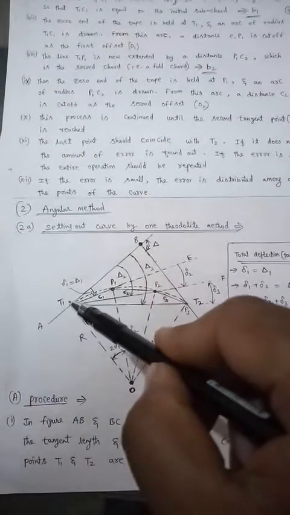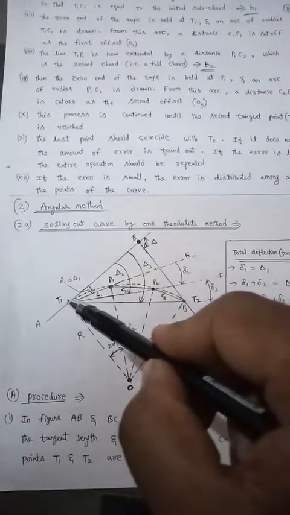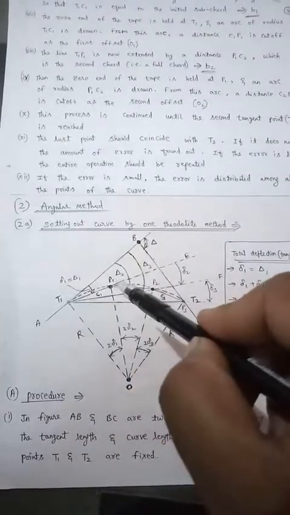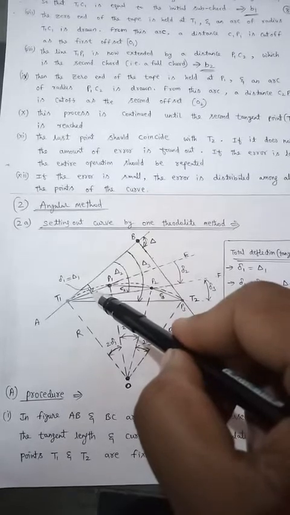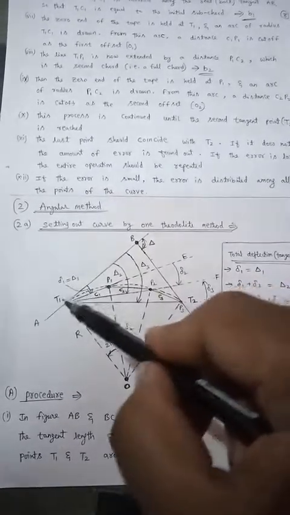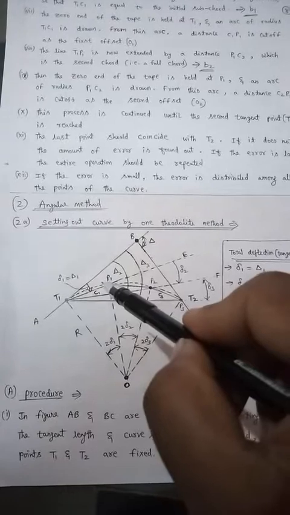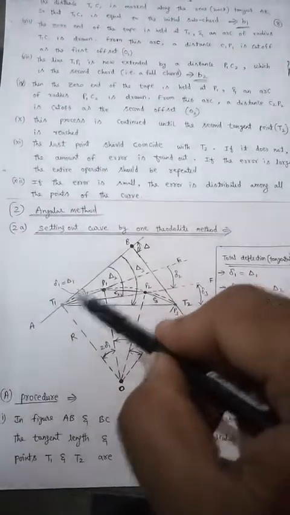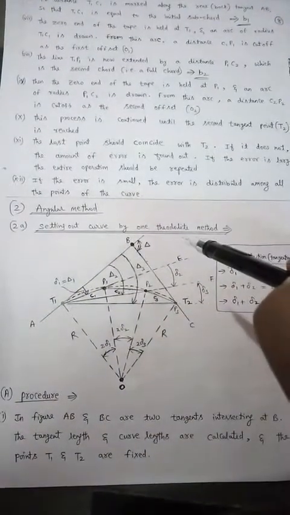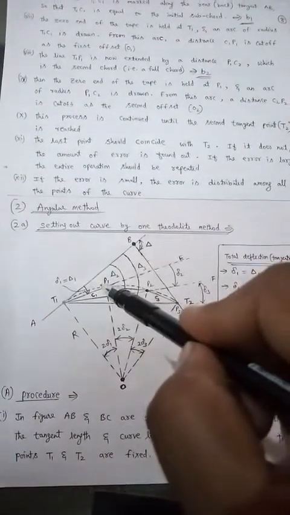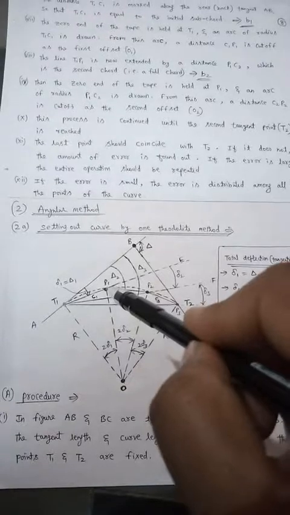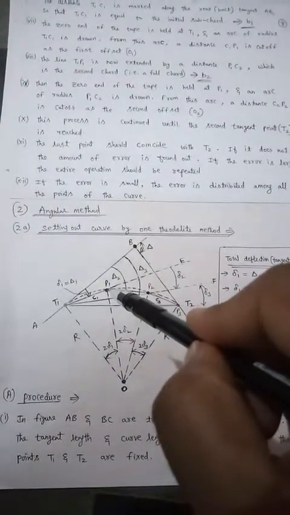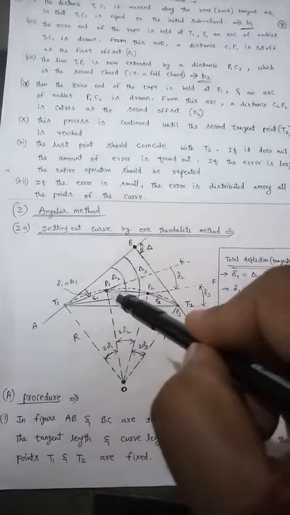With the zero end of the tape at T1, an arc of the calculated initial subchord distance C1 is drawn in the line of T1E. Then point P1 will occur. At this point a ranging rod is inserted at P1.